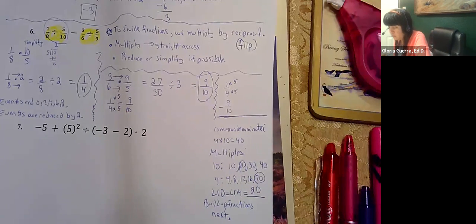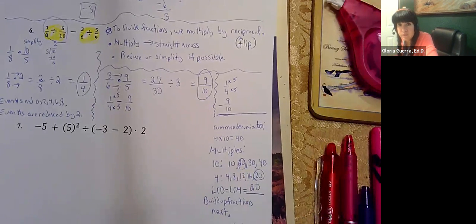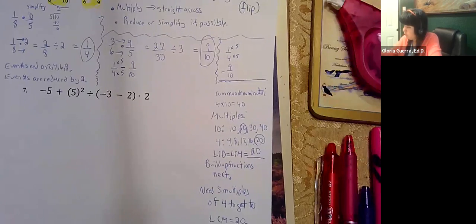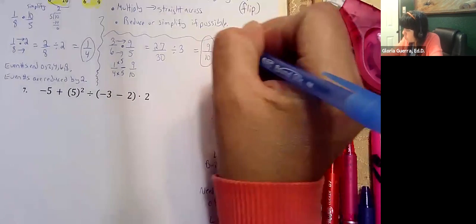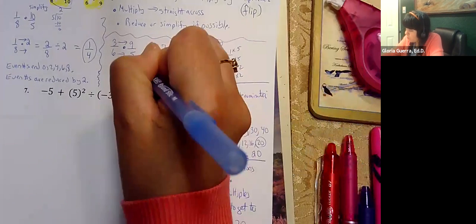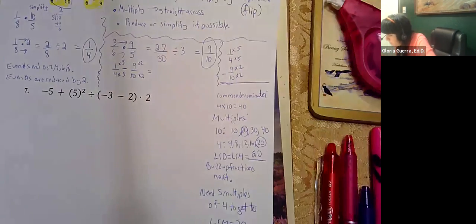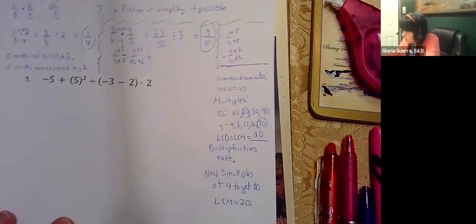Okay, same thing for the -9/10. If I go to 10, how many multiples of 10 do I need to get to 20? I needed 2. These are going to be times 2. And I can write that down.